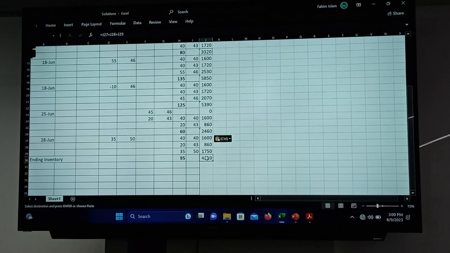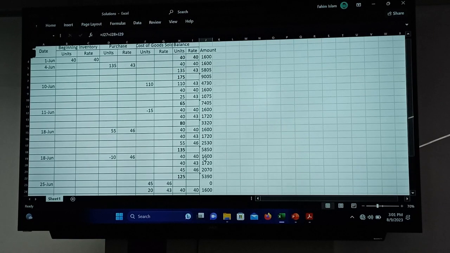So the ending inventory amounted to 95 units, which will cost us $4,210. This is our ending inventory.